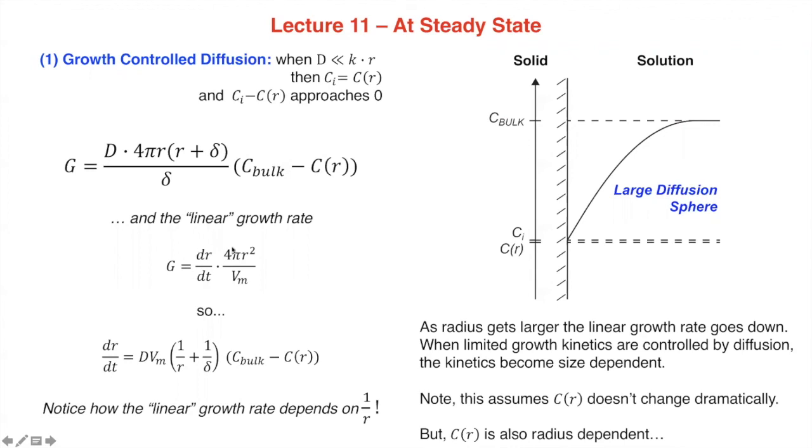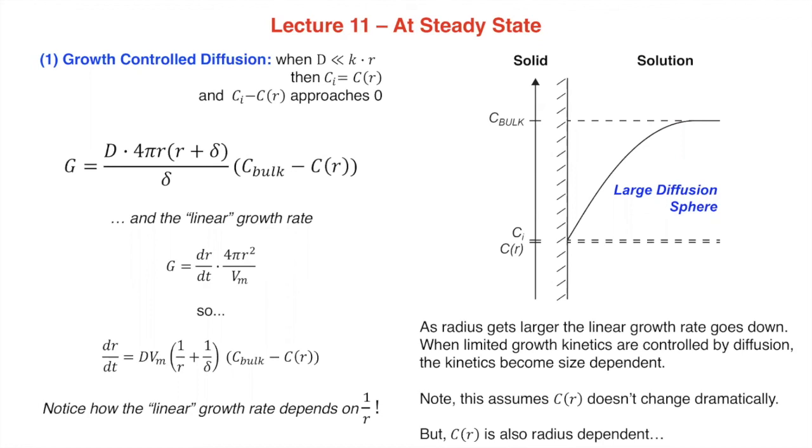And so if you take the linear growth rate and set those two equal to each other, you end up with a linear growth rate that depends on the diffusivity. It depends upon the solubility of the crystals and the bulk concentration, but it also depends upon radius. Okay, and this is really important because what this is saying is that under diffusion limited growth, the growth rate constant is size dependent.